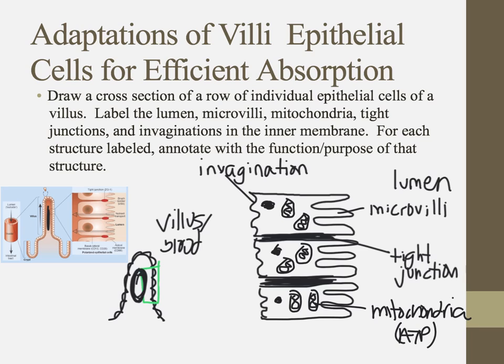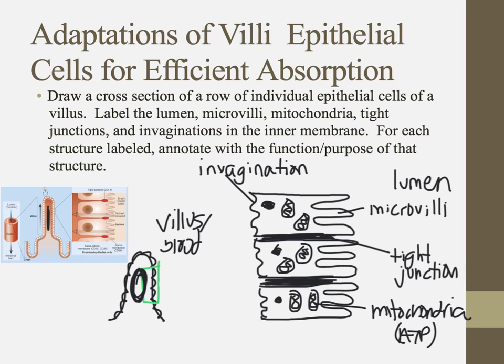I need to produce a lot of ATP because I'm going to be doing a lot of active transport. I'm going to either have to actively transport stuff from the food in the lumen into these cells, or I'm going to have to pump them from these cells into the bloodstream. But either way, I'm going to need a lot of ATP from those mitochondria.